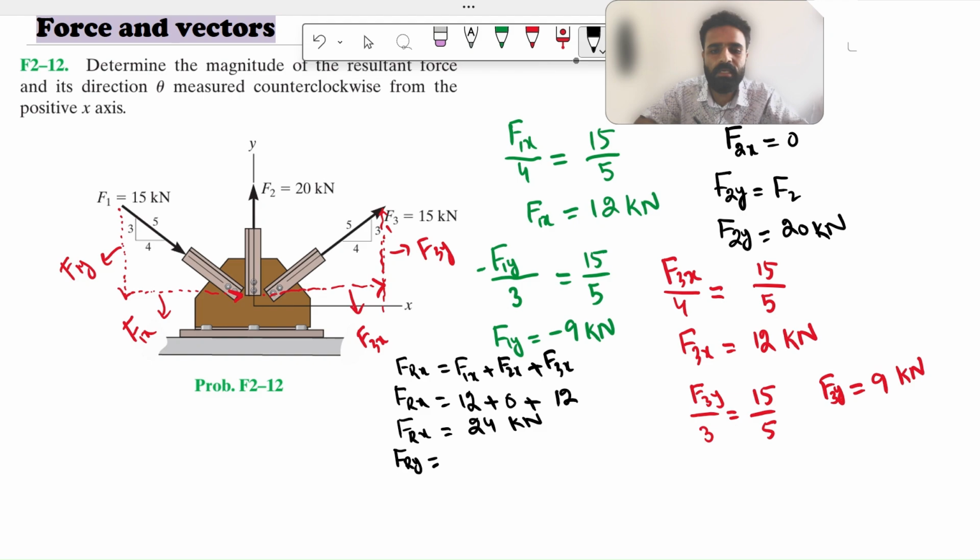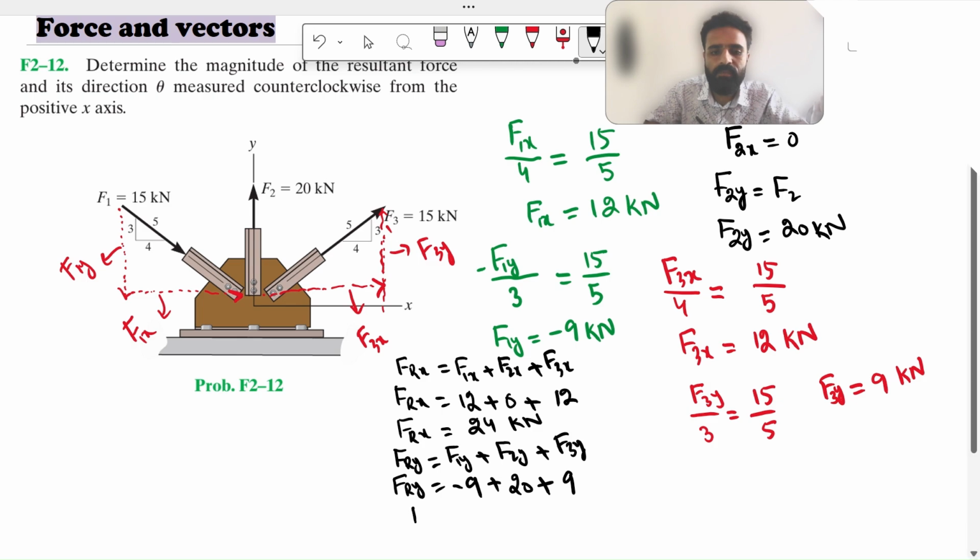FRY will be adding the y components of the individual forces F1y, F2y, and F3y. So putting the value of F1y, which we already found, which is -9, plus the F2y value, which is +20, plus the F3y value, which is 9. So the FRY is equal to 20 kilonewton.